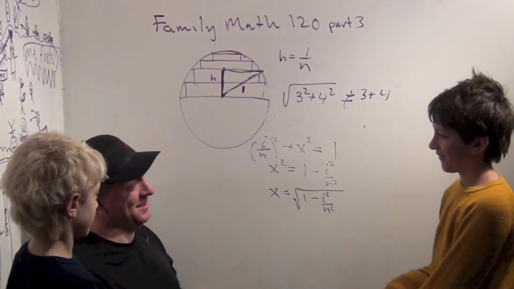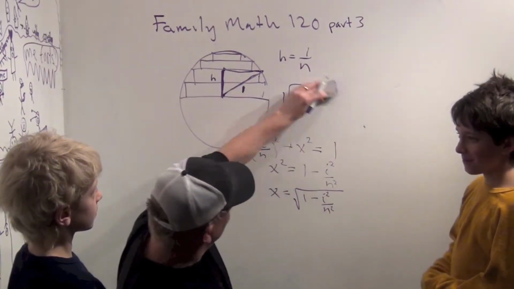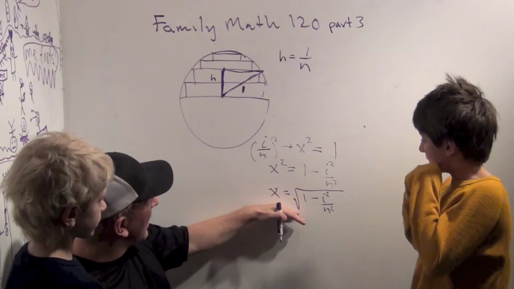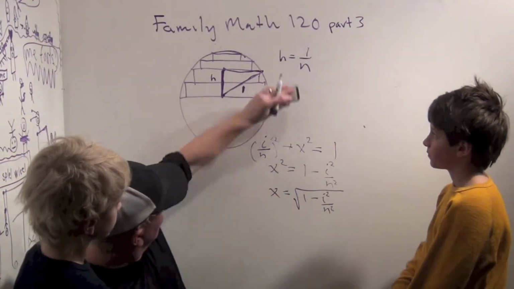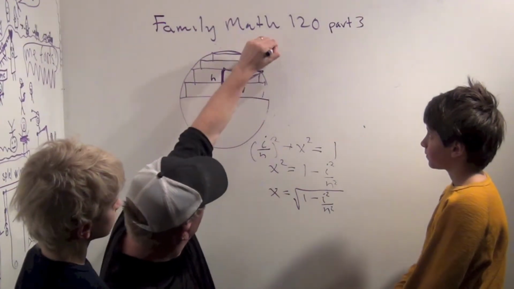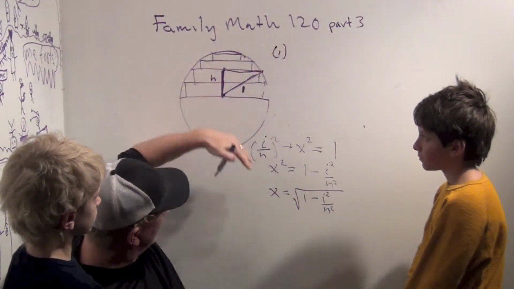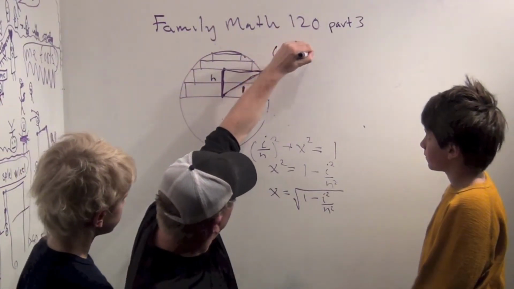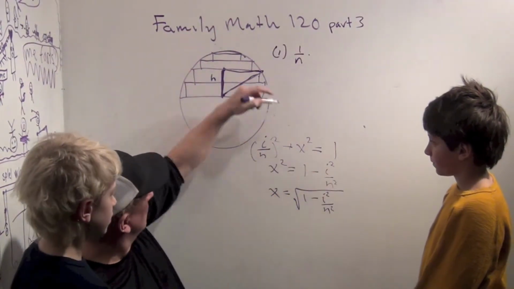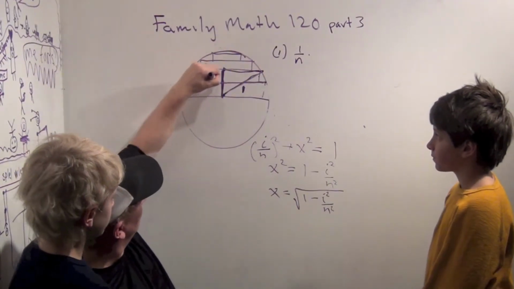Maybe. Okay, so we have this complicated formula for x. So now disk 1, or rectangle 1, has height 1 over n times a distance of 2x, remember, 2x across?